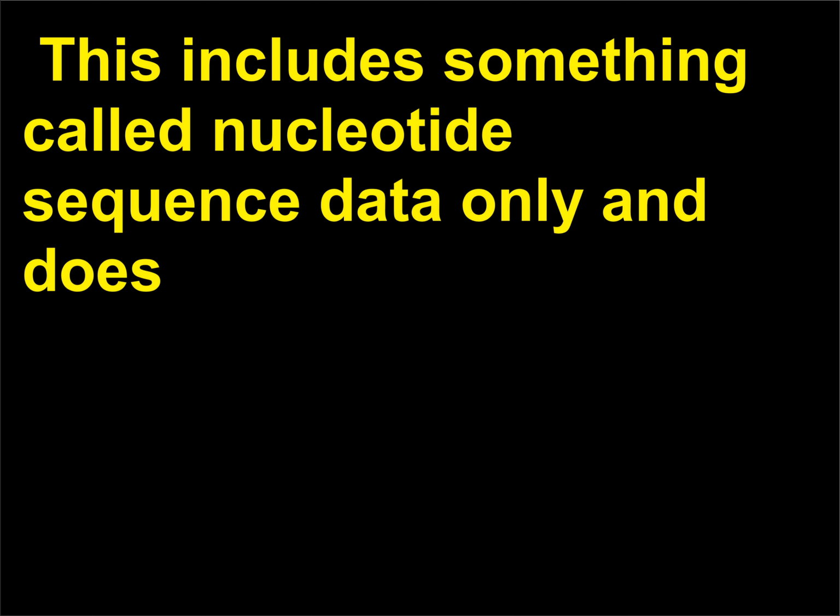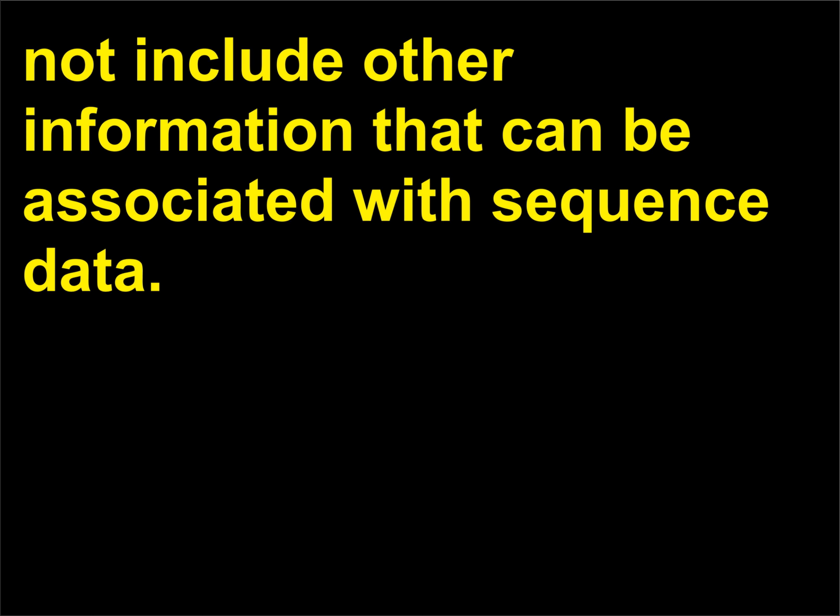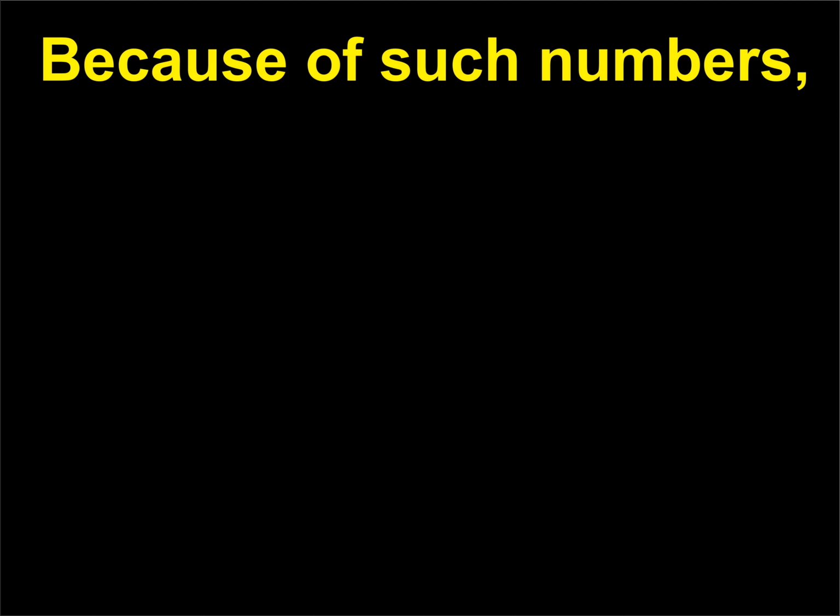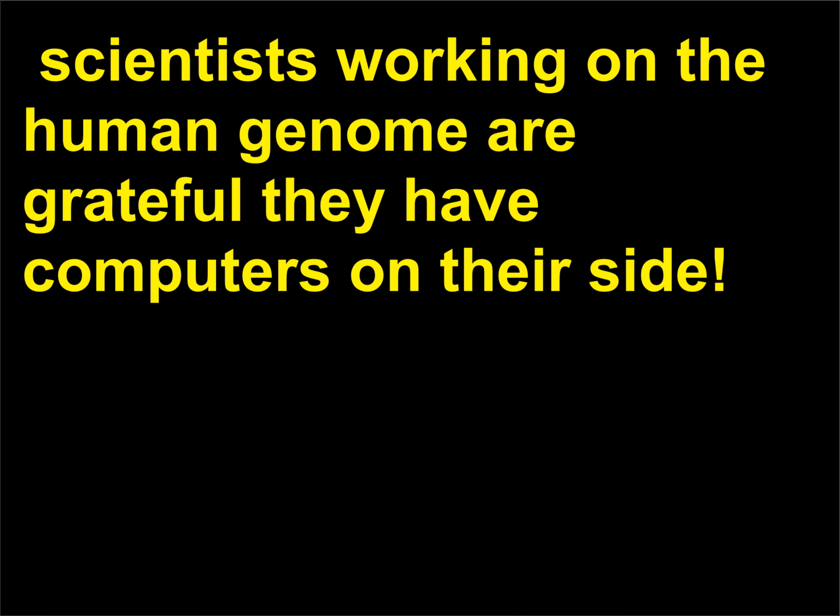This includes nucleotide sequence data only and does not include other information that can be associated with sequence data. Because of such numbers, scientists working on the human genome are grateful they have computers on their side.